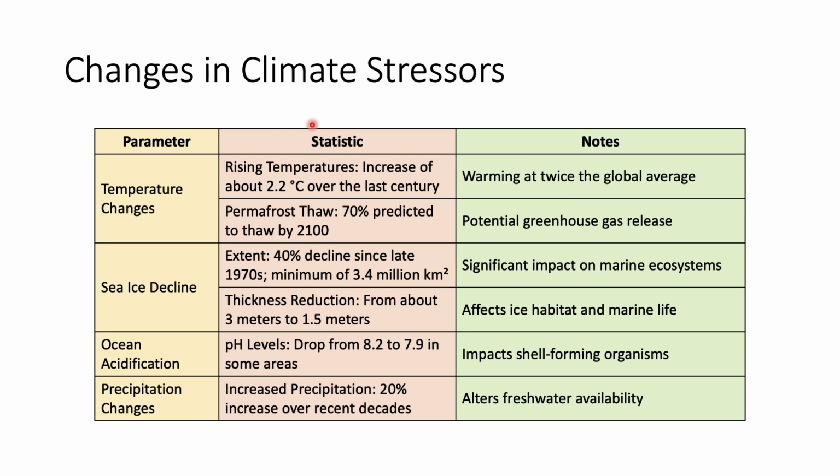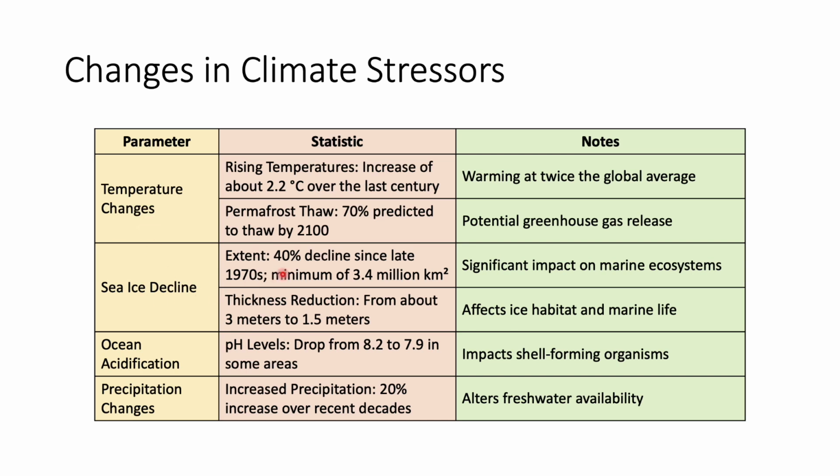So we saw the chemical stressors. Now we move on to climate stressors. So here temperature change, sea ice decline, ocean acidification and precipitation changes are the major climate stressors. Temperature change, what is happening? Actually, an increase of about 2.2 degrees centigrade over the last century is happening. And similarly, permafrost thaw is the next major change that happens because of the temperature change.